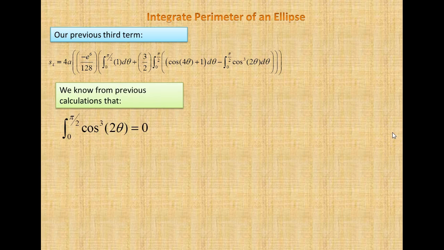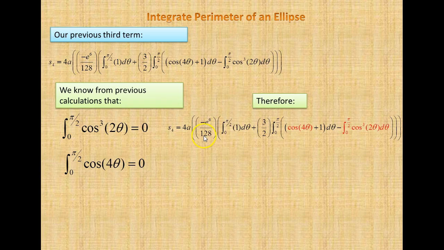Let's continue. Here's our previous term. We know from previous calculations that the integral from 0 to pi over 2 of cosine cubed 2 theta is equal to 0. We also know that the integral from 0 to pi over 2 of cosine 4 theta is equal to 0.